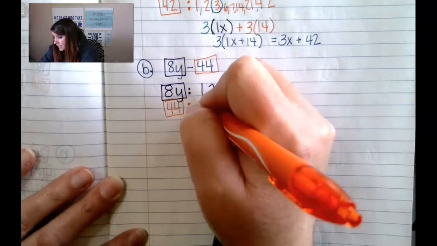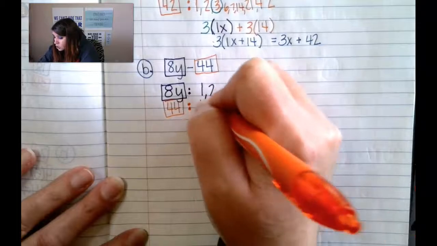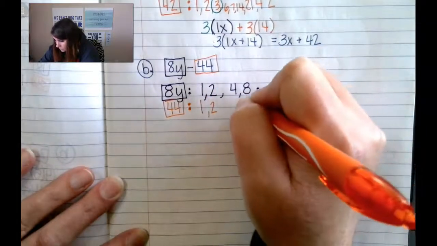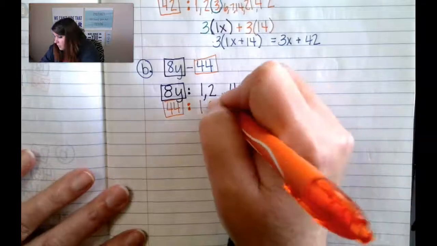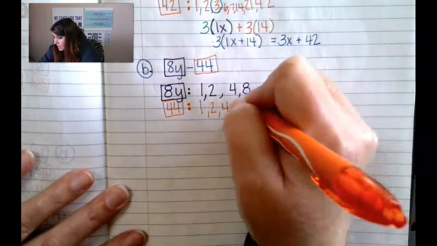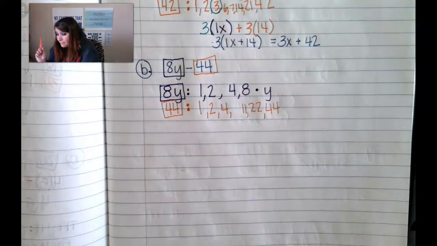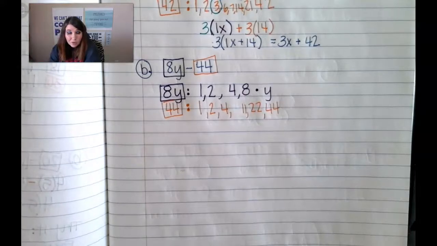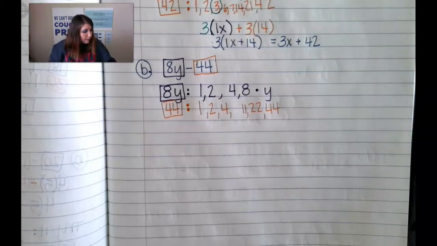Again, just like last time: 1 and 44, 2 times 22, not 3, 4 and 11. And I think I can stop there, because what do you notice right there?